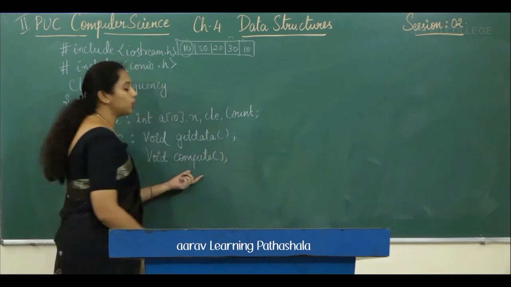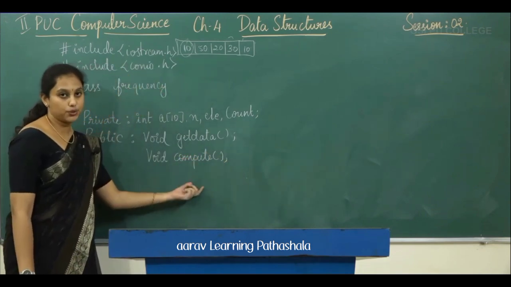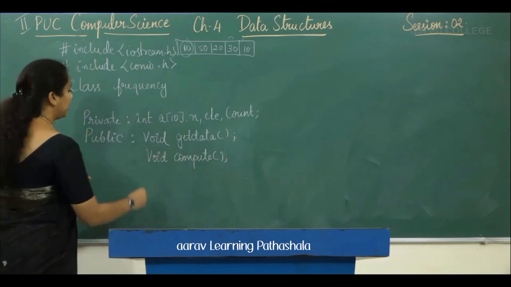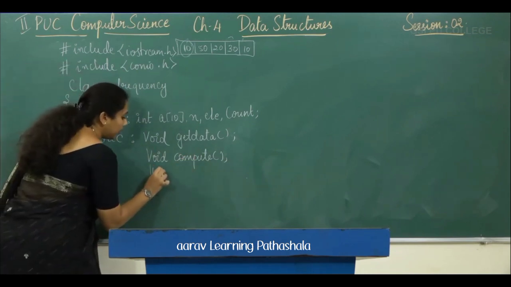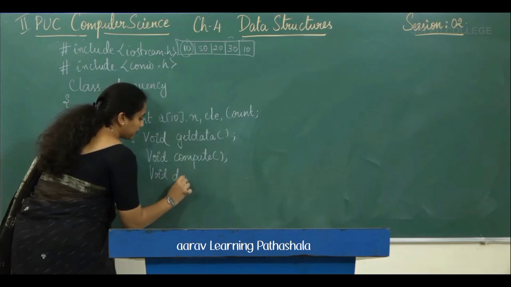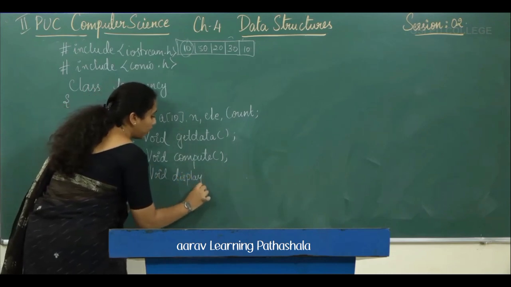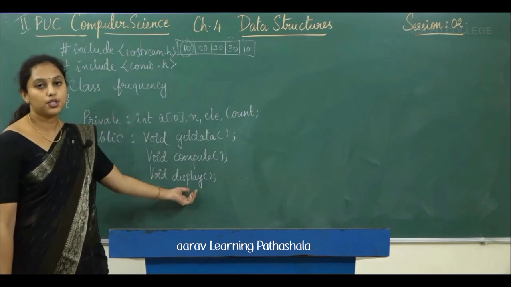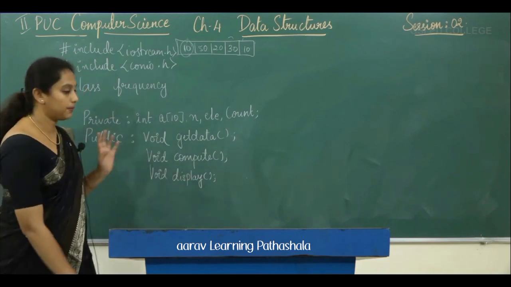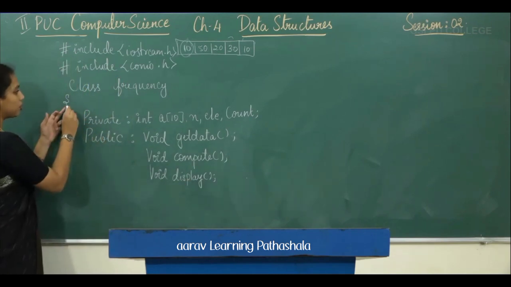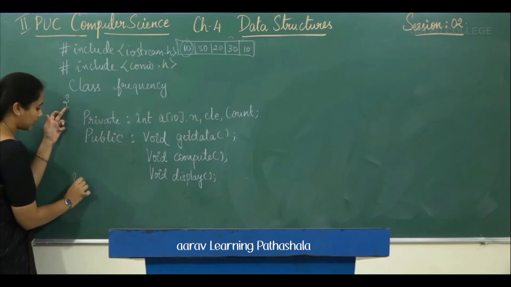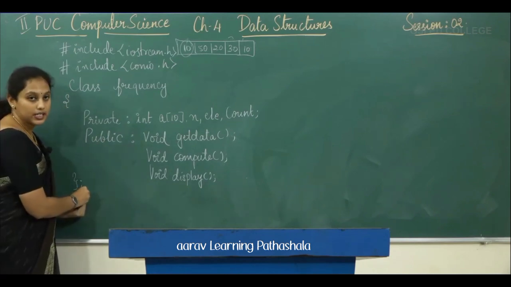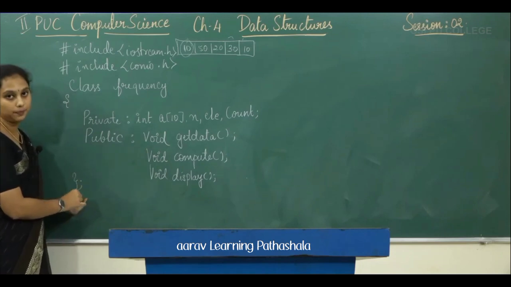This compute function is used to perform the required operations. Next, void display. This display function is used to display the output to the user. Next, I am going to close the class with a semicolon. This semicolon indicates the end of the class.